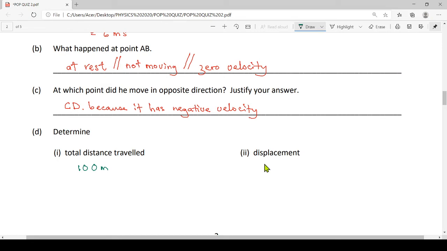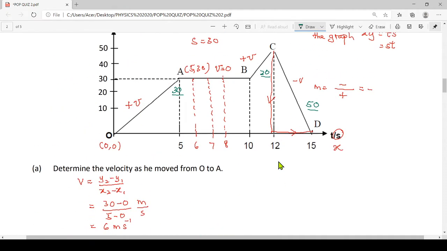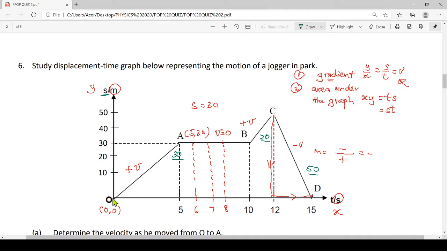However, for displacement, it is 0. Why 0? It starts from O, it returns to 0 also. Point D here is 0, 0.